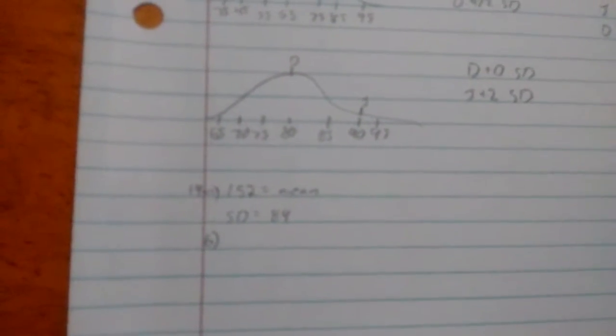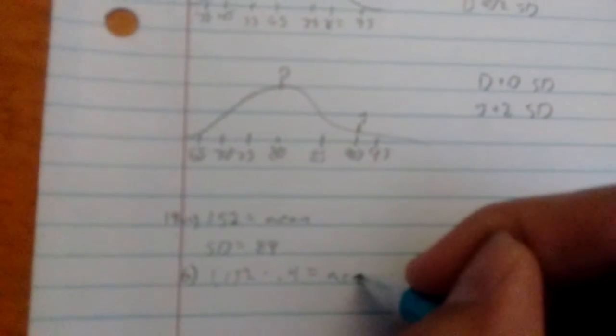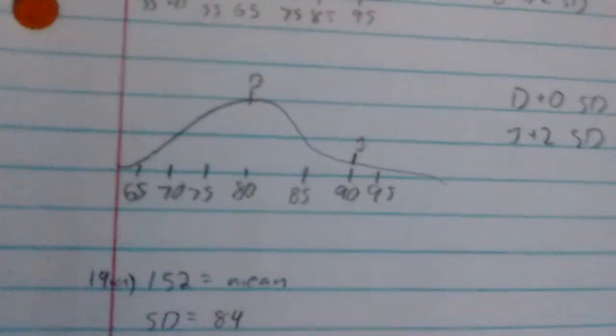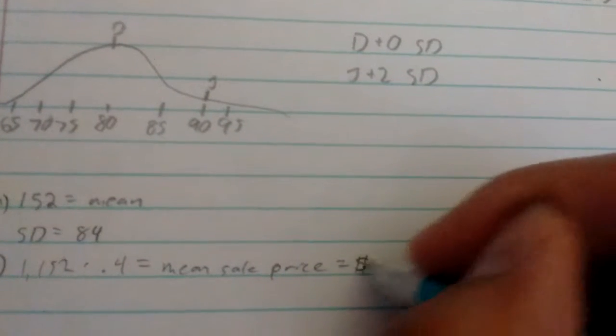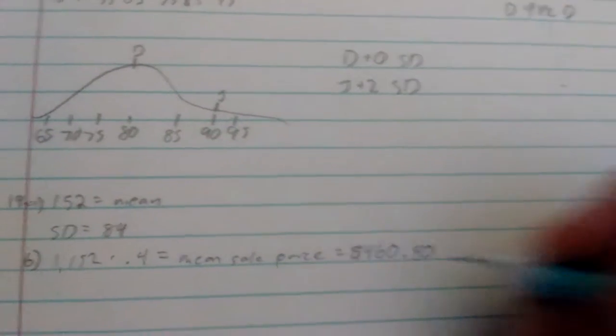In this case, all you have to do then is your mean of 1,152 times 0.4 for the 40 cents per pound to find a mean sale price of $460.80.